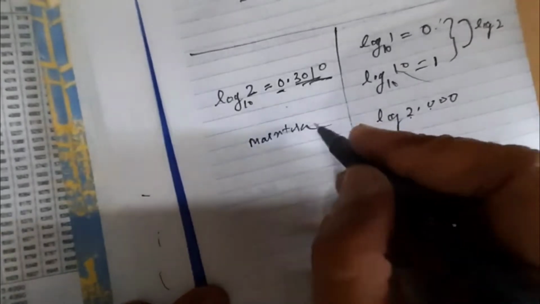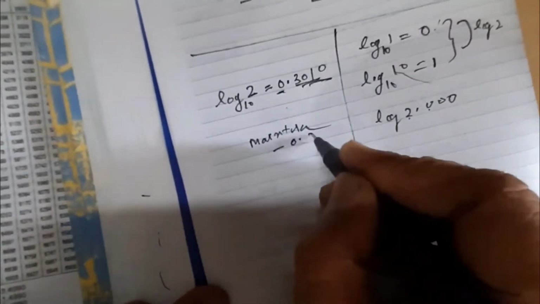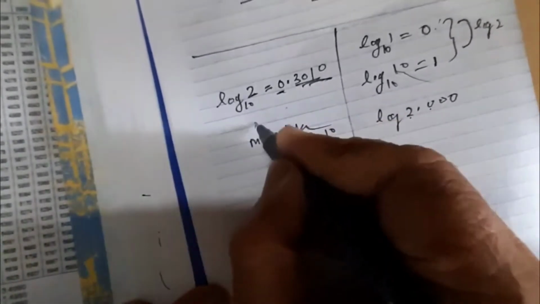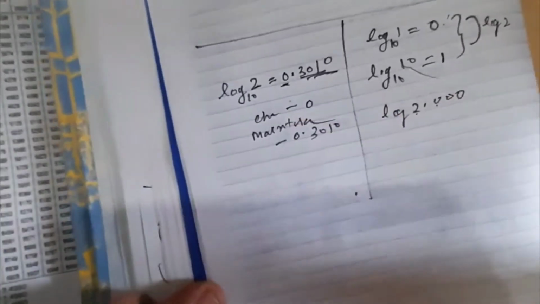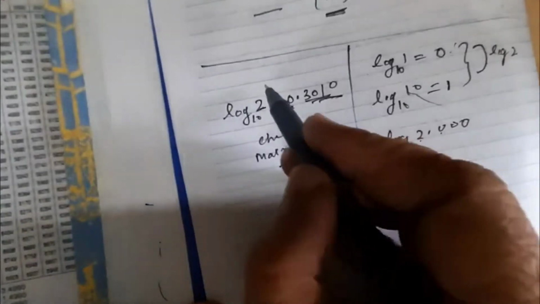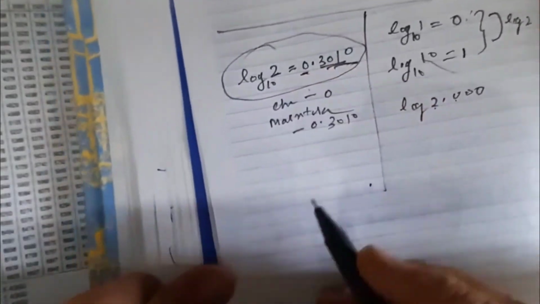So the mantissa is 0.3010 and the characteristics is 0. In this way, we find the value of log 2.